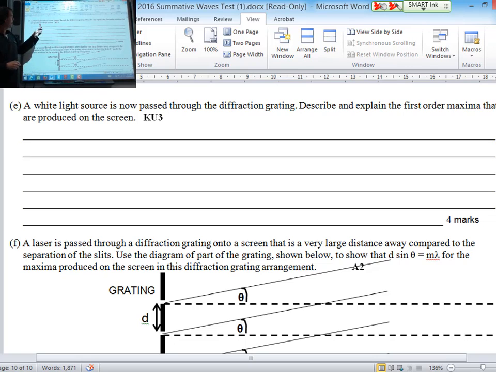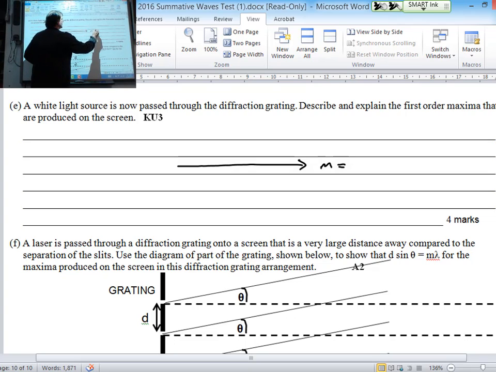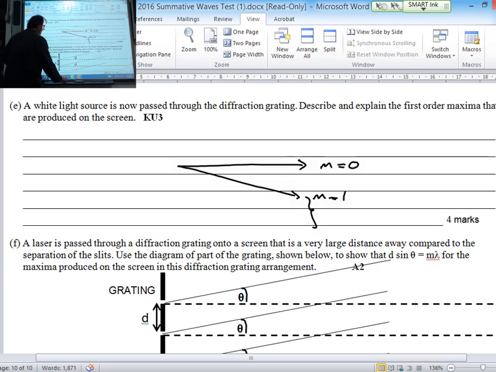Now we're going to pass white light through the grating, describe and explain the first order maximum. So a central one will just be white, the m equals 0. That's just going to be a white one. But the first order one here stretches out to a spectrum because you've got a mixture of colours and wavelengths. So the first thing to point out is that white light has a mixture of wavelengths.